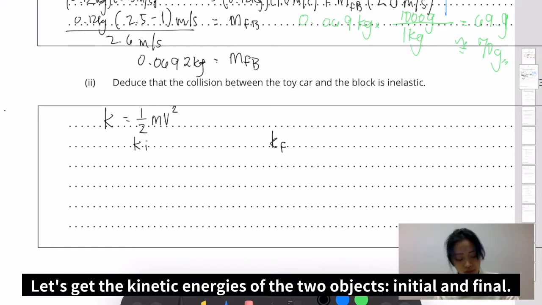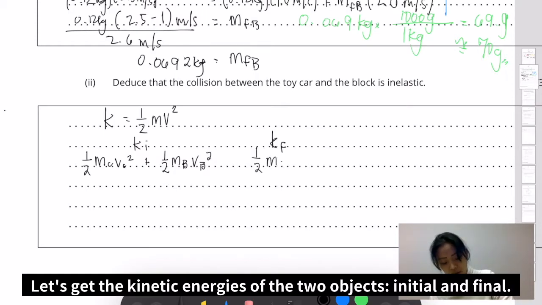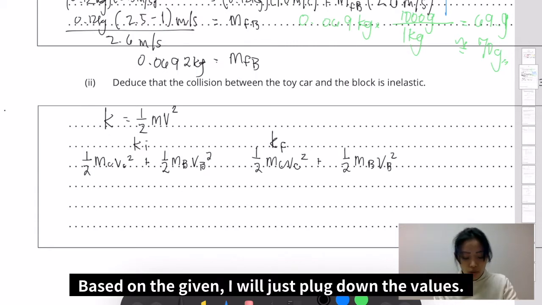So let's get the kinetic energies of the two objects, initial and final. Initially we need to solve for 1/2 m of the toy car, v car squared, plus 1/2 m block, v block squared. And then for the final, 1/2 m car v car squared plus 1/2 m block v block squared. So based on the given, I will just plug in values.